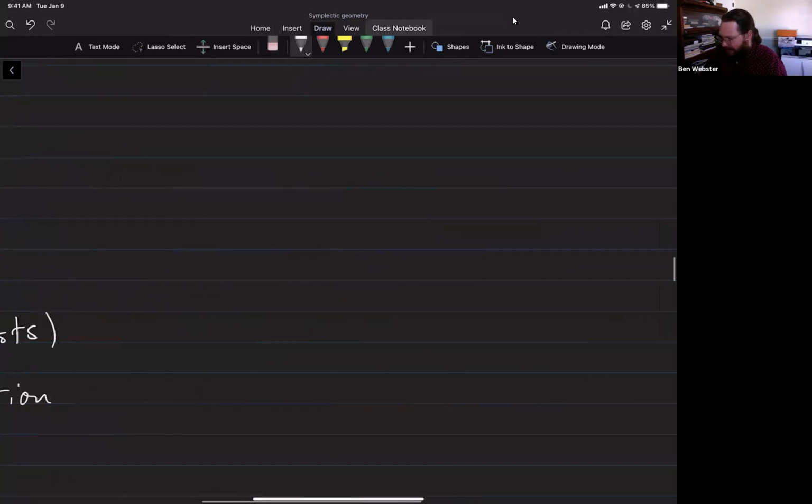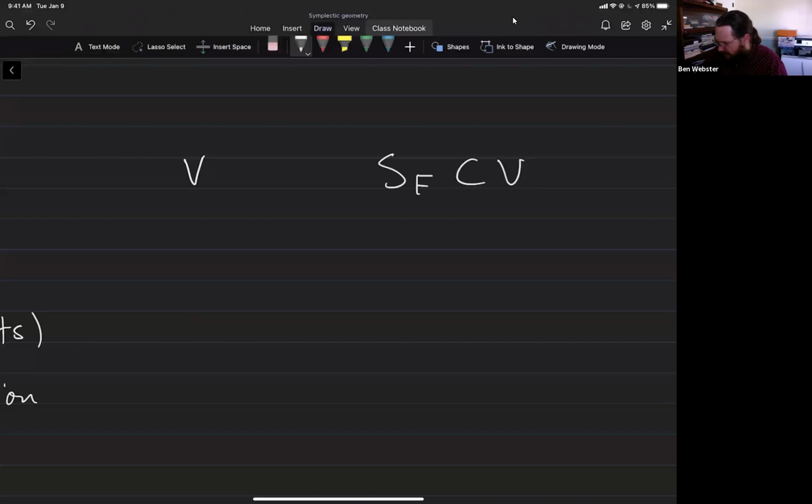So let me just kind of emphasize what's going on here. I have V. I have this stable set S_f in V dual. So I have a function this way, which is: consider the derivative of f at V. So V maps to that.